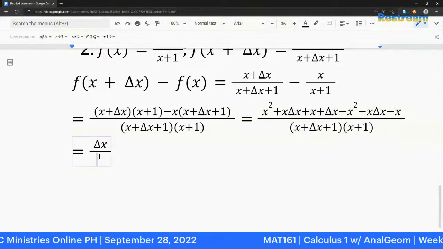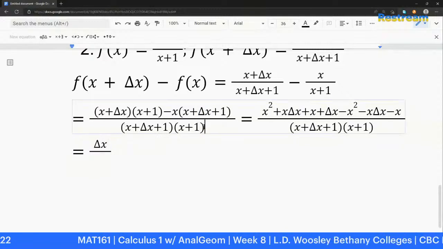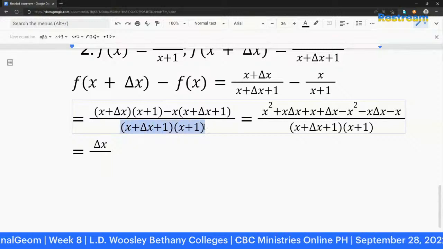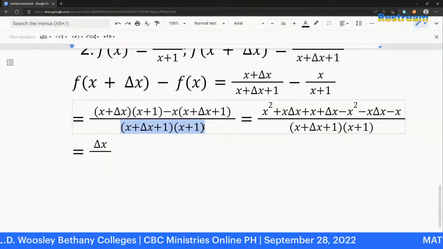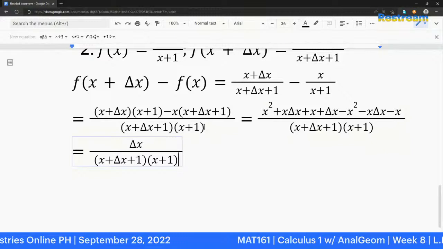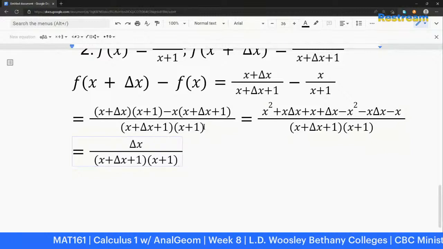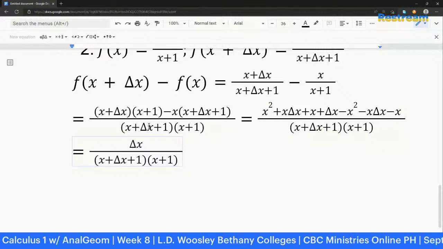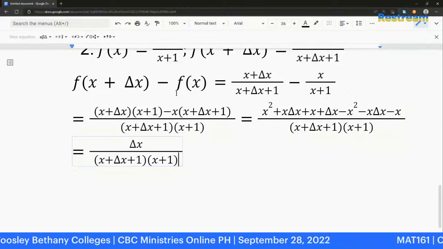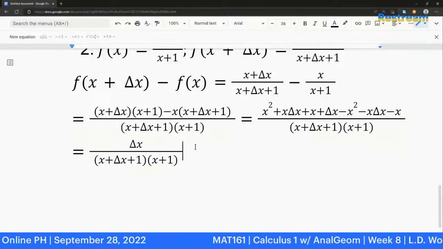And delta x all over the denominator here. So again, dividing it with delta x is equal to 1, no? Tama ba? Alright, ayan yung guys. Ibababa ko yung delta x katulad ng ginawa ko kanina. Alright? So, pag hinanap yung f of x plus delta x minus f of x divided by delta x.